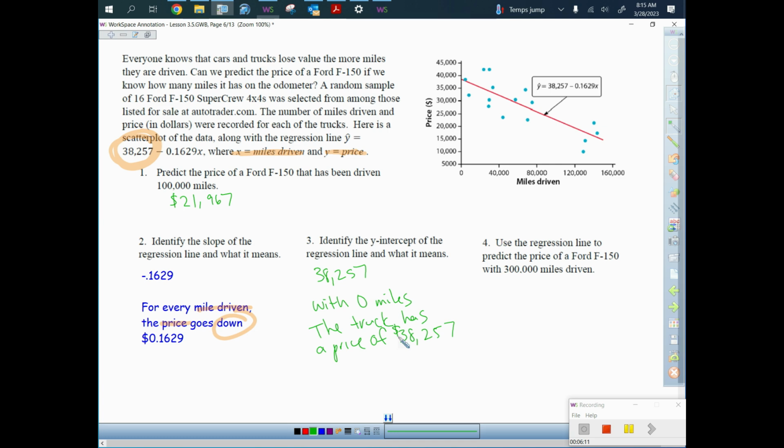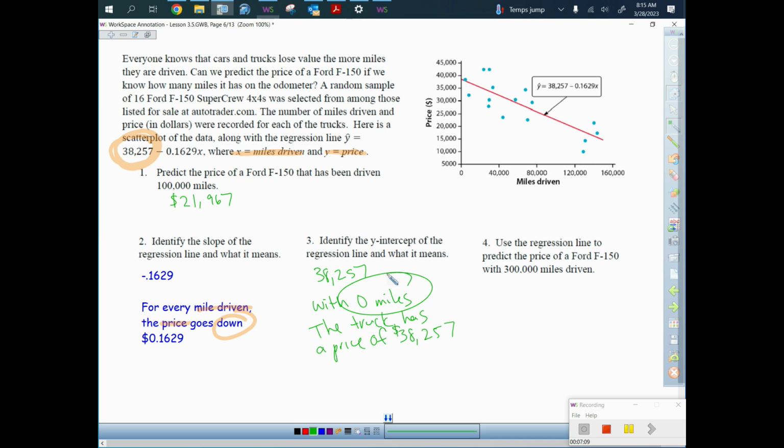A brand new vehicle off the lot probably has anywhere from like 6 to 10 miles on it, because they've been driven around. But it is humanly possible to have a vehicle with 0 miles on it. You're probably not going to own it at that point. Does that kind of make sense?